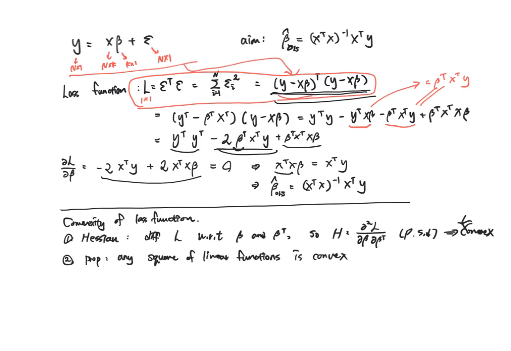In vector notation, y minus x beta is a linear function, and (y minus x beta) transpose (y minus x beta) is a square of the linear function in matrix notation. That means this is convex.